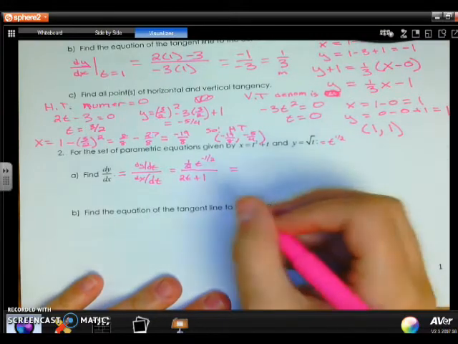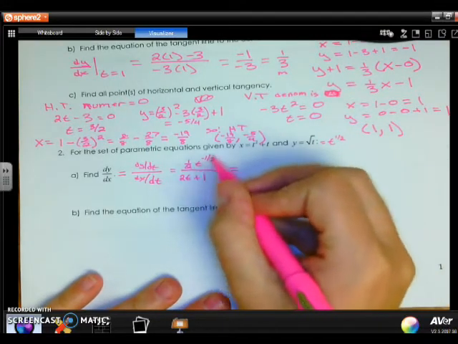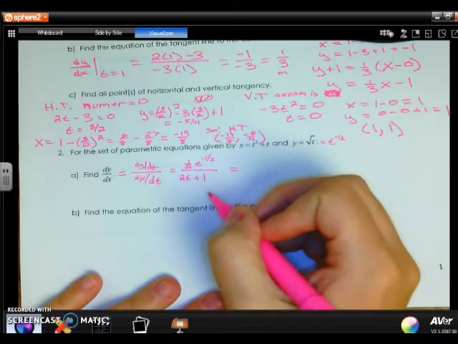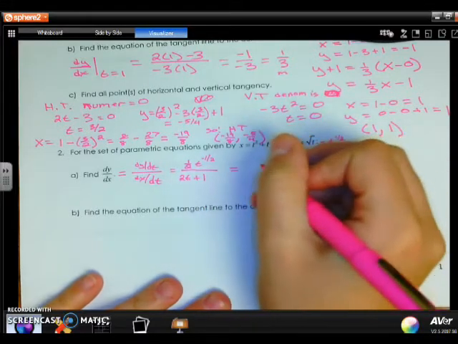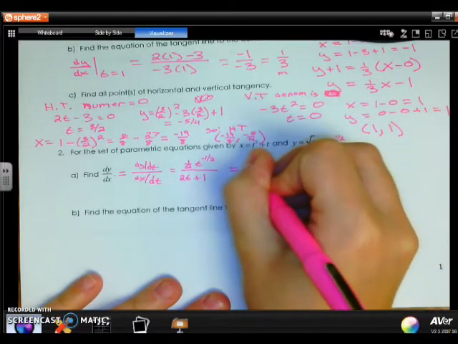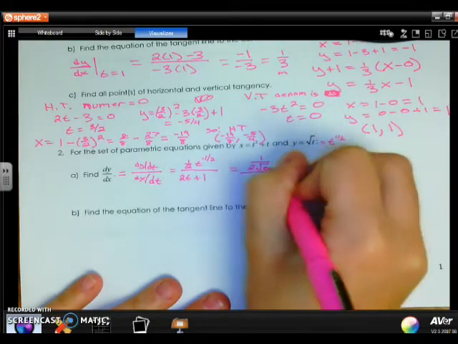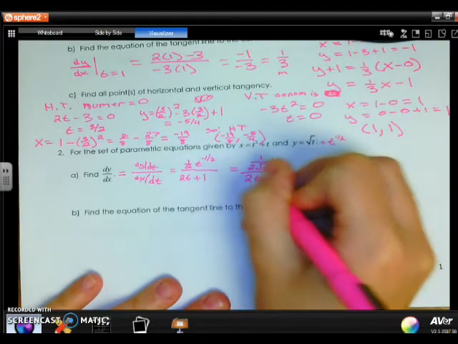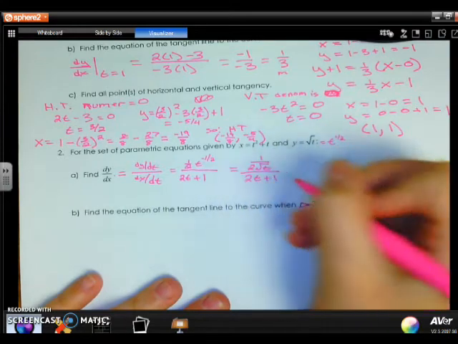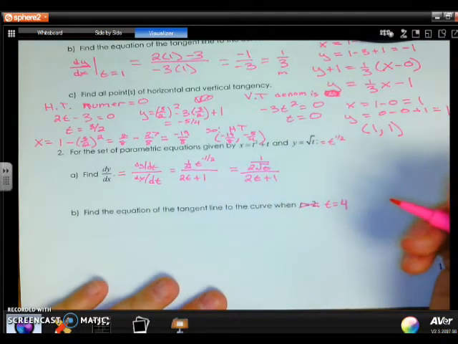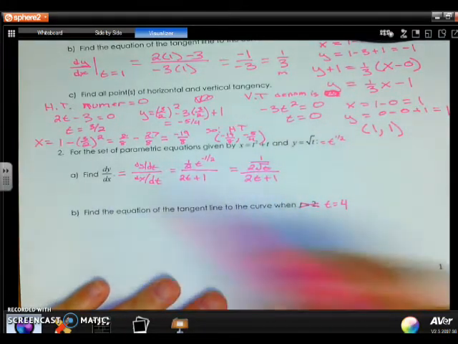I'm just going to clean that up a little bit. This t to the -1/2 means it's going to go into the denominator, and it's going to be a square root. So I'm going to rewrite it as 1 over 2 square root of t over 2t plus 1 there. Alright, so there is my derivative.